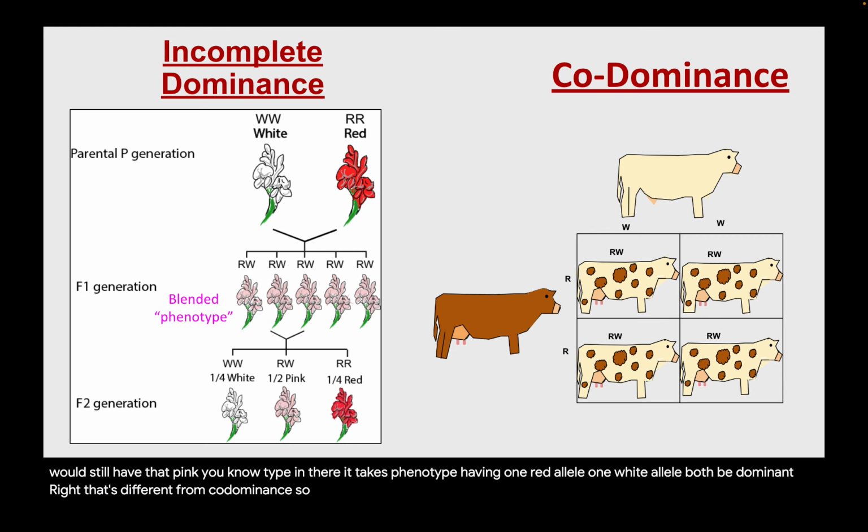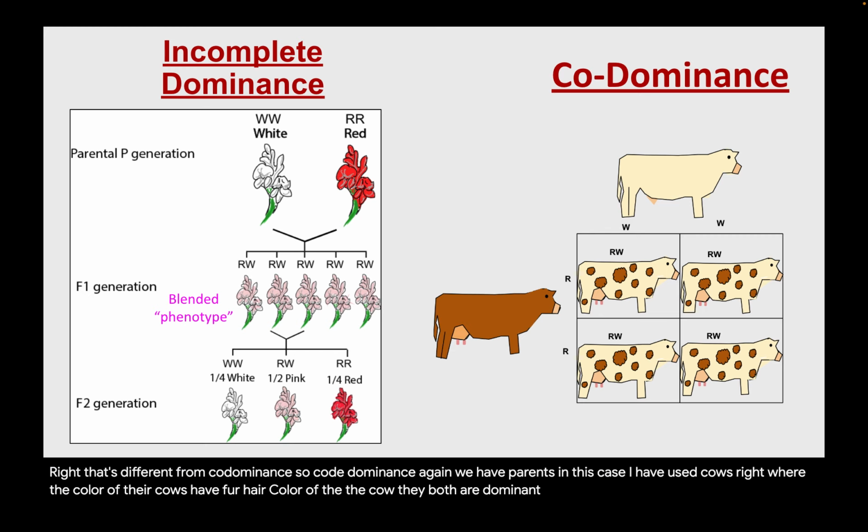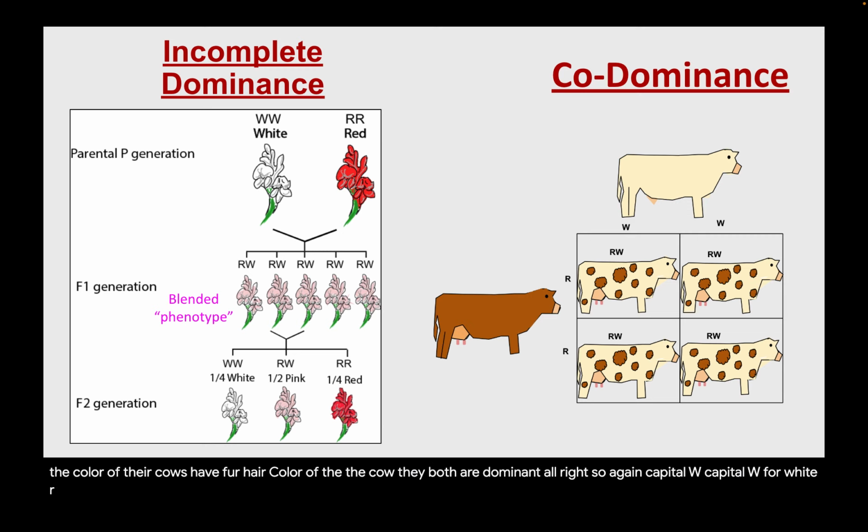So codominance, again, we have parents, and in this case I have used cows, where the coat color of the cow, they both are dominant. So again, capital W for white, and capital R for this reddish brown here.